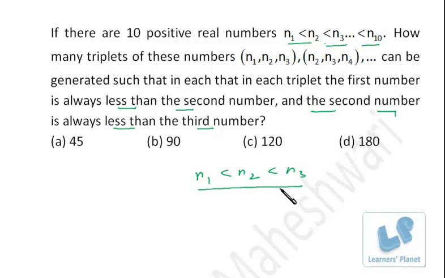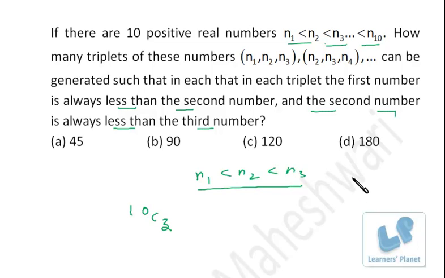So a simple conceptual problem. See, we have to make the triplets, and we have to select the three numbers from these 10 numbers. So how many ways can we select? 10C3, right? Now we have to make the arrangement where n1 is less than n2, and n2 is less than n3, right? So just a single arrangement is possible if we have three numbers.